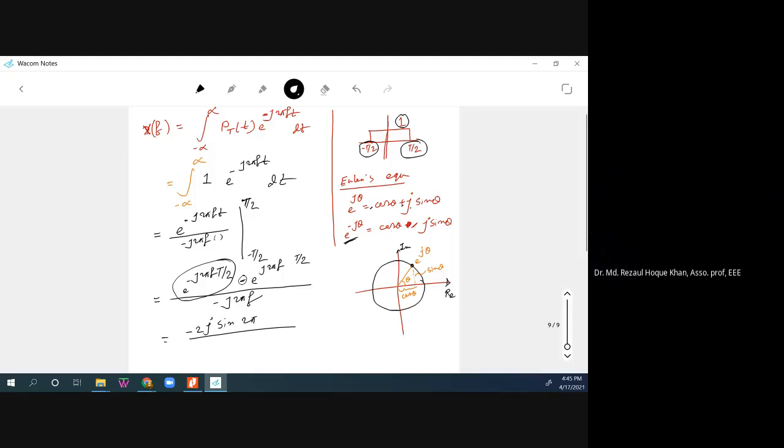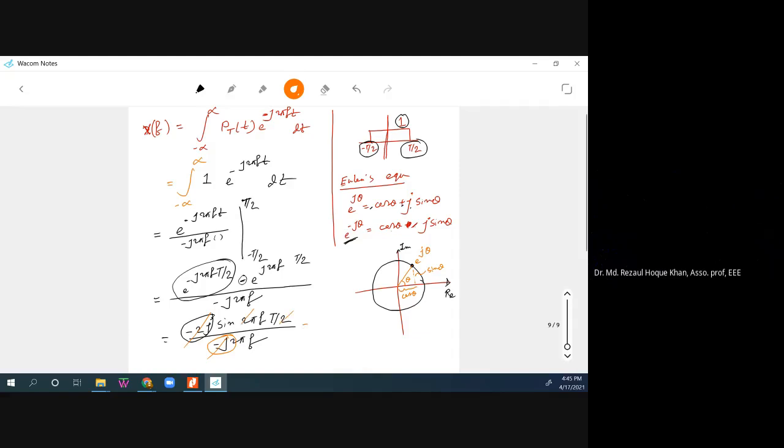sine 2 pi f t by 2, and minus j 2 pi f. So 2j and 2j cross, so these two cross.